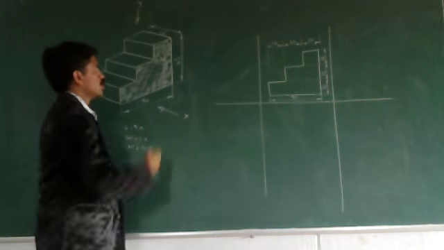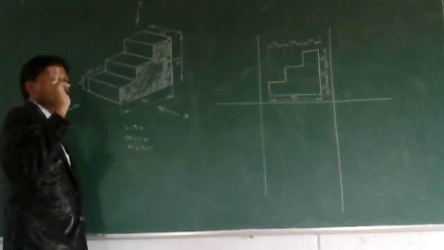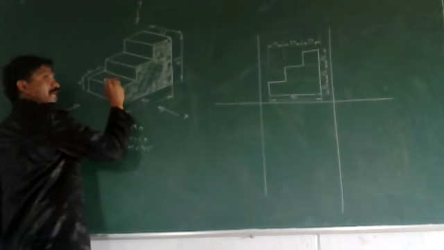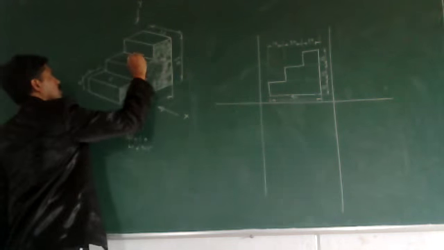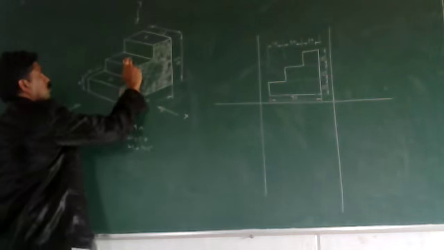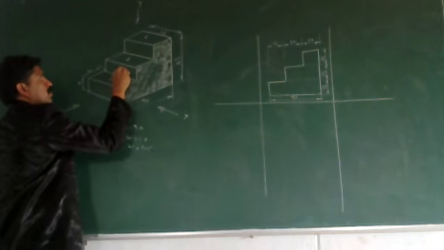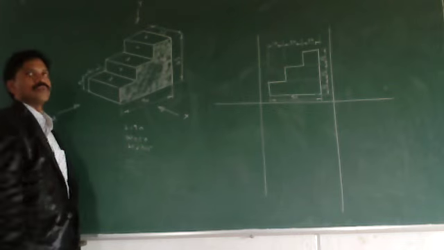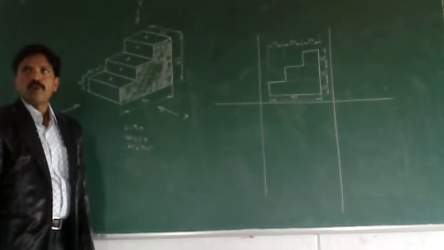And next, concentrate on the top view. In the top view, we will get 3 rectangles. See here, I am going to tick this one. 1, 2, and 3. This is not visible, and this is also not visible. Why?